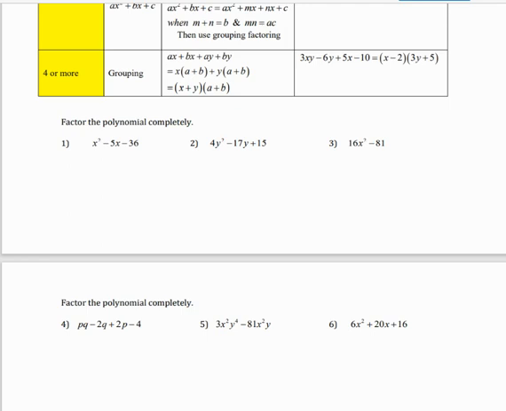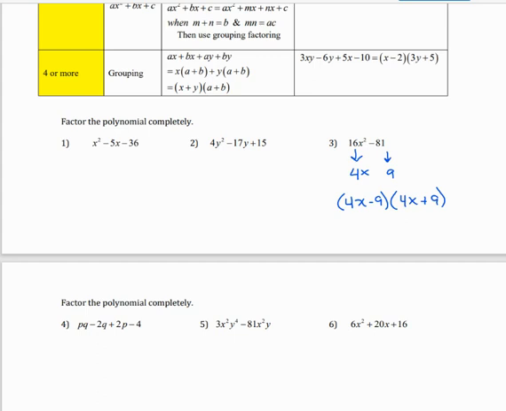So what is this? Is this a difference of 2 squares, a difference of cubes, or neither? And if I look, it's a difference of 2 squares. So the square root of 16x squared is 4x, and the square root of 81 is 9. So these are the 2 terms I'll pop into my parentheses. This will become 4x minus 9 times 4x plus 9.